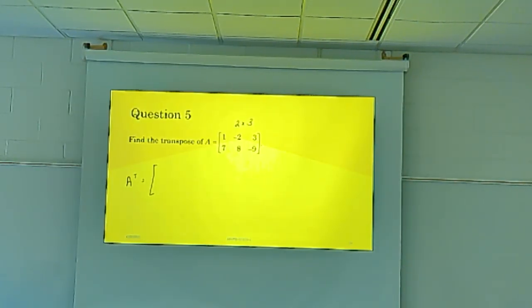Is that for A or A transpose? Say the first column is 1, 2, 3. And then the second column, 7, 8, negative 9. And that's all there is to the transpose. Just really nice.